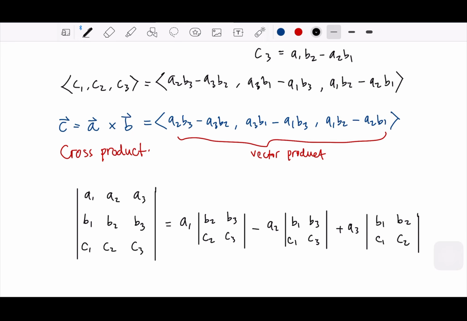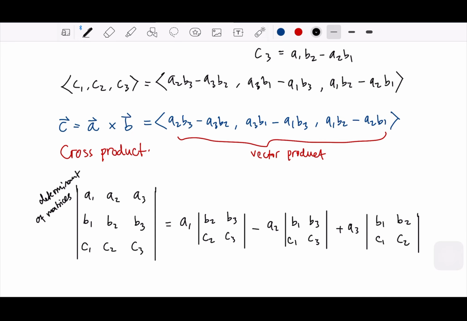And this is called the determinant of the matrix. If you remember, for a 2 by 2 matrix the determinant will be B2 C3 minus B3 C2. If you have a 3 by 3, this will be the determinant, and there are at least three particular forms.